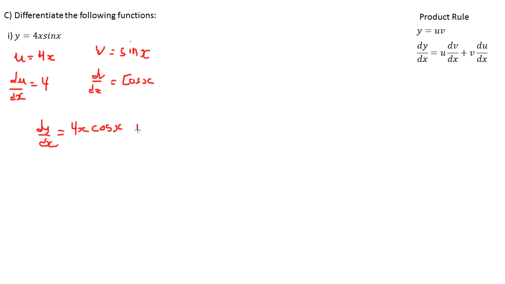Now plus v, which is sine x, times 4, which made me think that I should put the 4 before, so we get 4 sine x at the end, and that is the answer to the question. 4x cos x plus 4 sine x. That is the answer to part I.